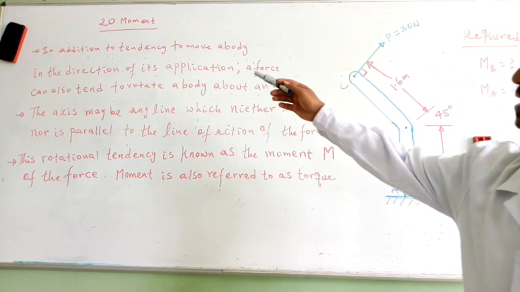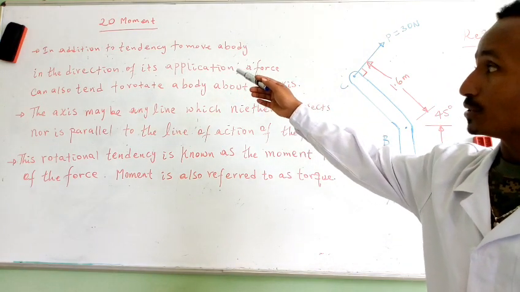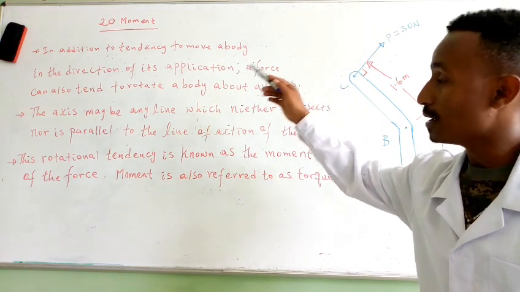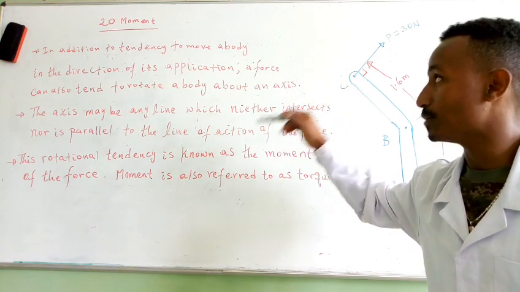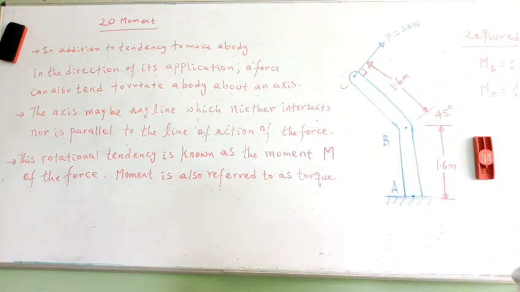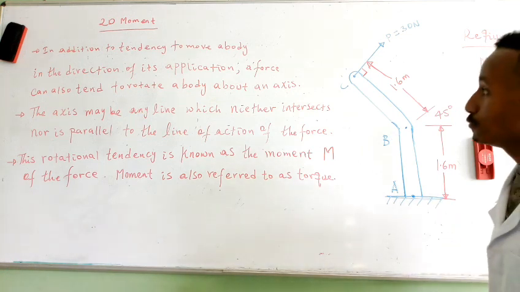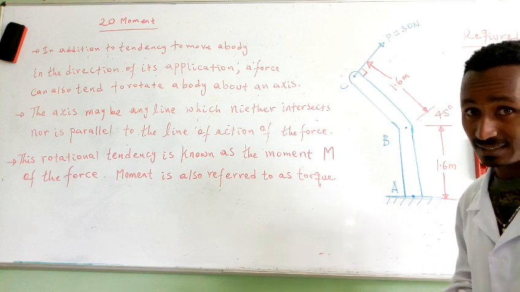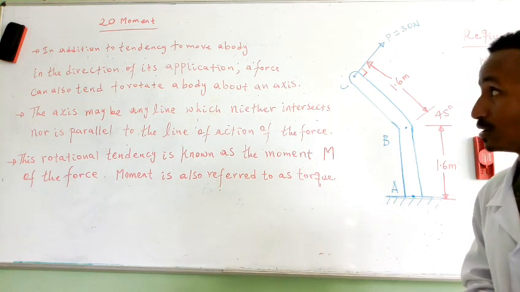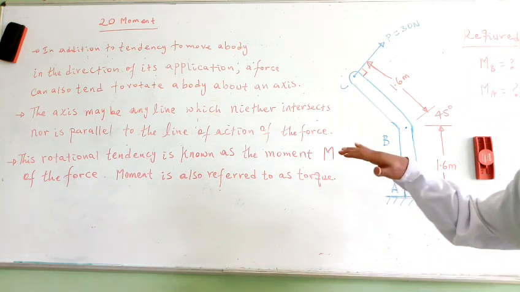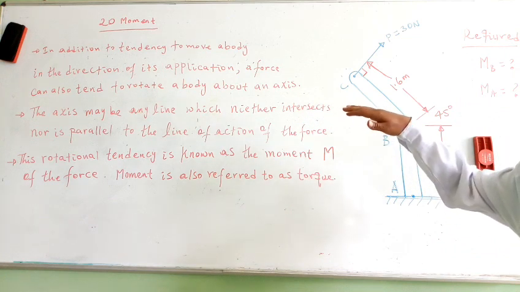That is the elementary one, the tendency to move a body in the direction of its application. In addition to that, a force can also tend to rotate a body about an axis. This is another meaning.